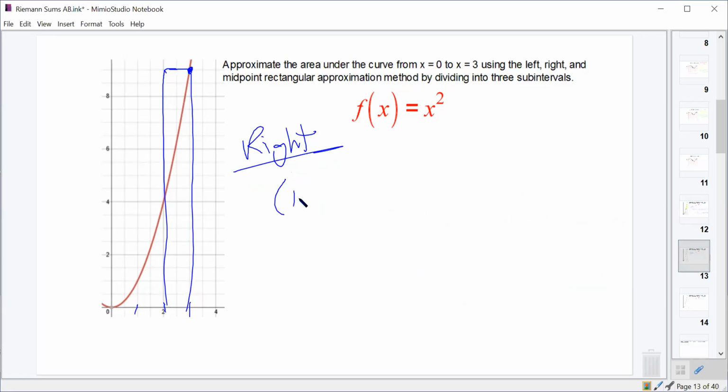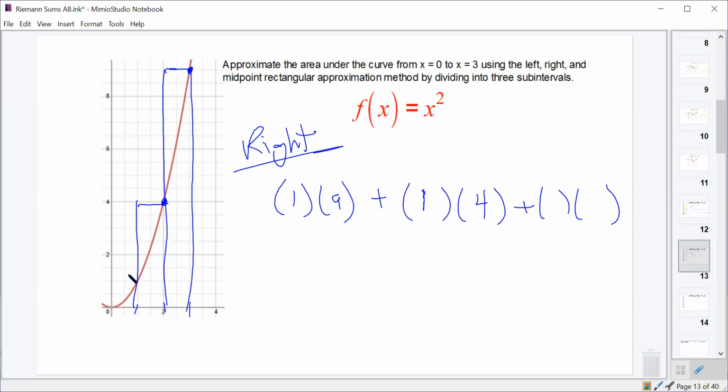It's the width of 1 times the height of 9. Easy enough? What about the second one? It has a height of 4 and a width of 1. And the last one should have a height of 1 and a width of 1.